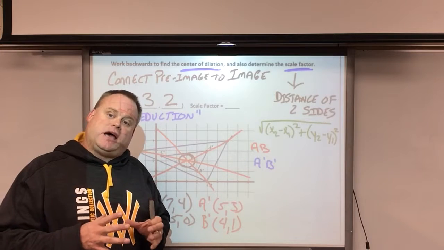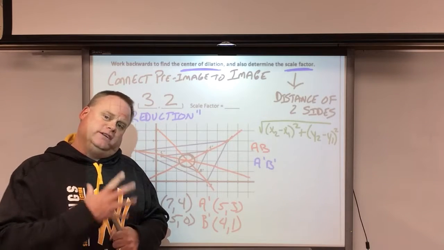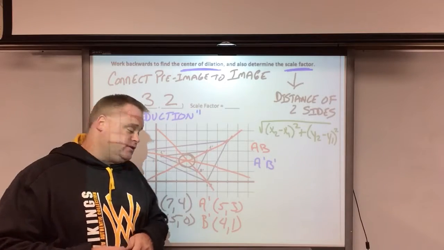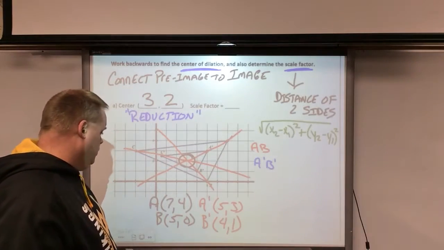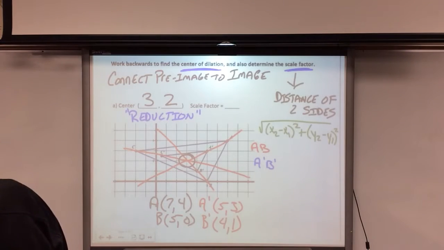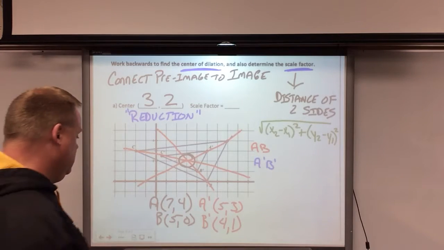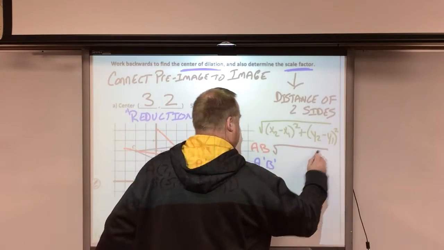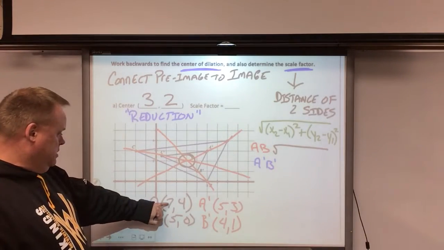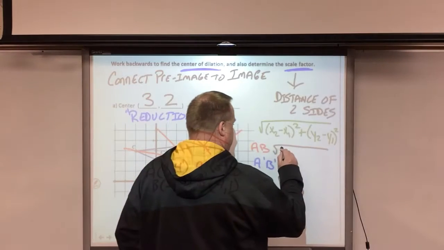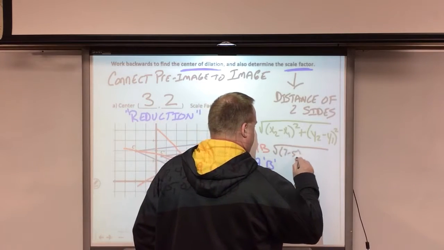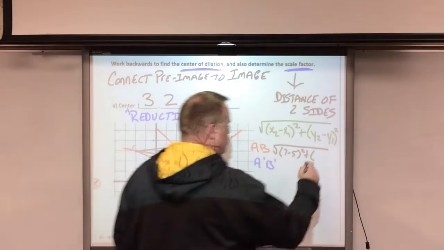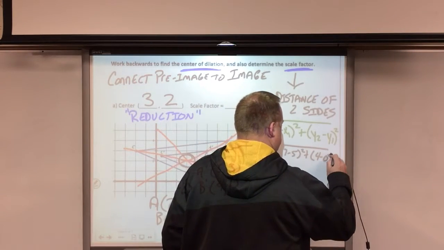Once I mapped it out and I knew where A, B, A prime, and B prime are, now I can just plug them into the formula. So the first one, AB. Let's do this. 7 minus 5 squared, 4 minus 0 squared.